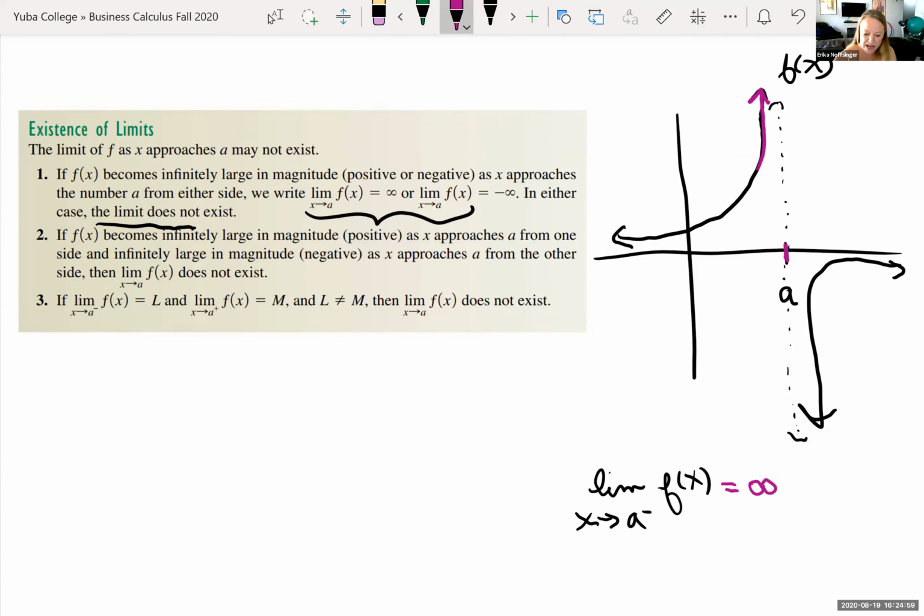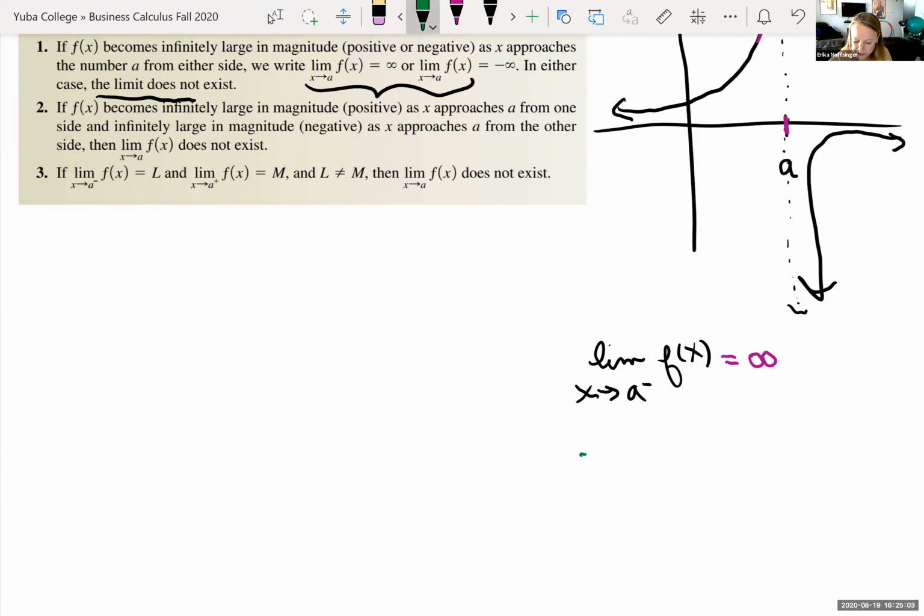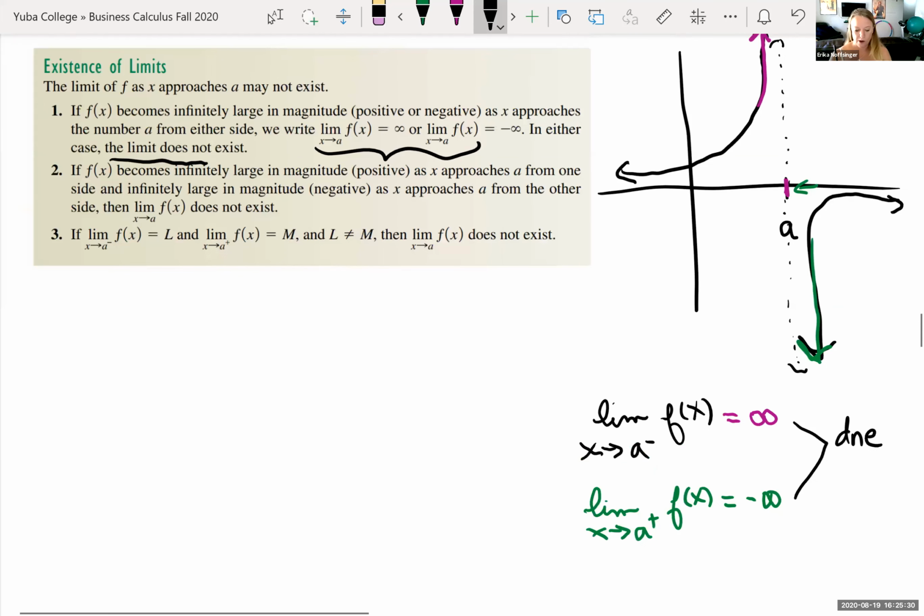If I look at the limit as x approaches a on the right-hand side, notice that piece of the graph is shooting downwards. It's not going to any particular y value, so this piece is going to negative infinity. They both don't exist because it's not going to one particular y value.